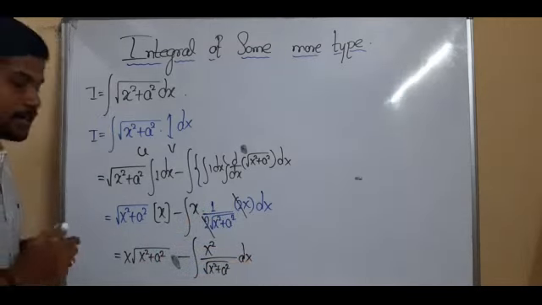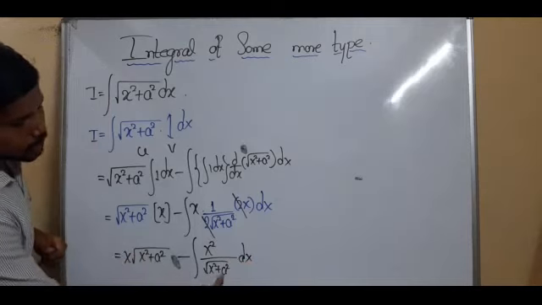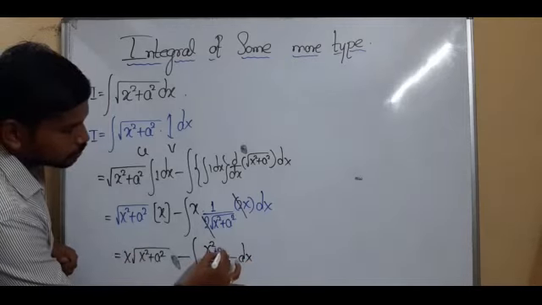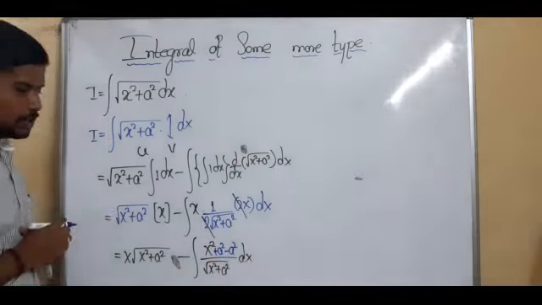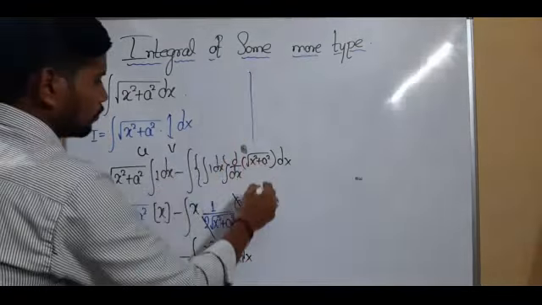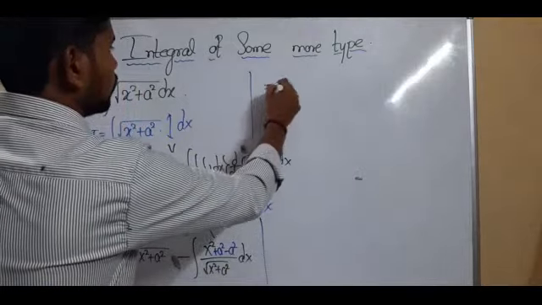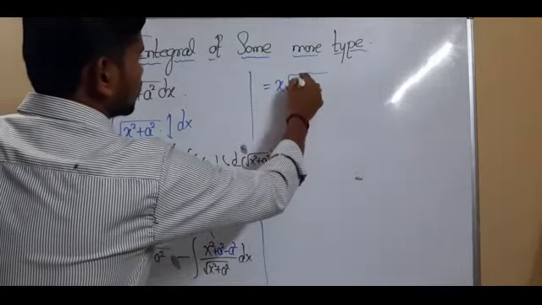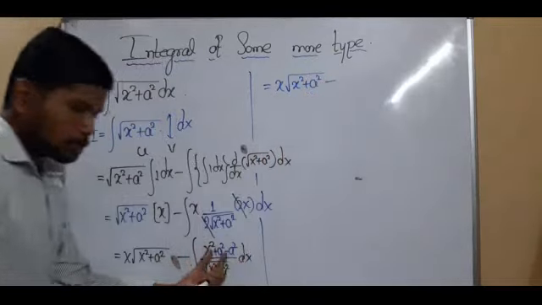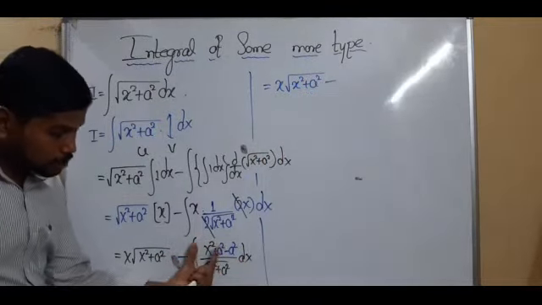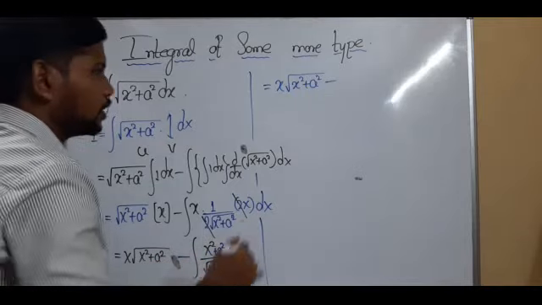Now I need to adjust the part. See here, x square plus a square is there. That's why I'd like to write in the numerator adding a square and subtracting a square. Got it? The next step will be again very simple. It will be x square root of x square plus a square minus, I need to split the numerator part, like x square plus a square by the denominator, and a square by the denominator.